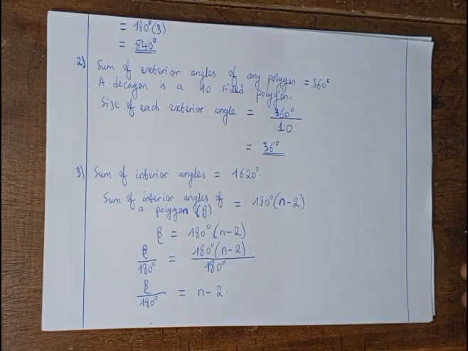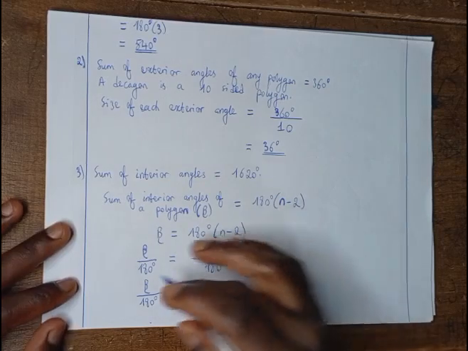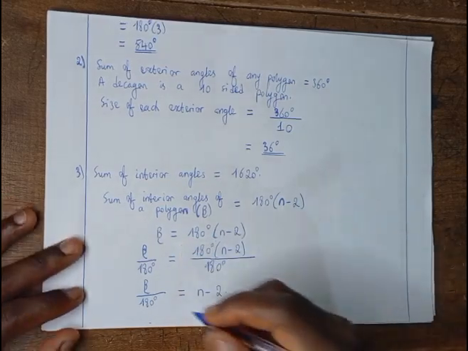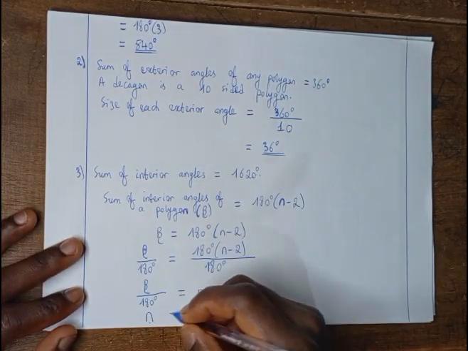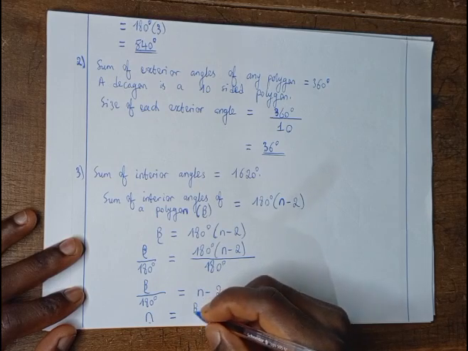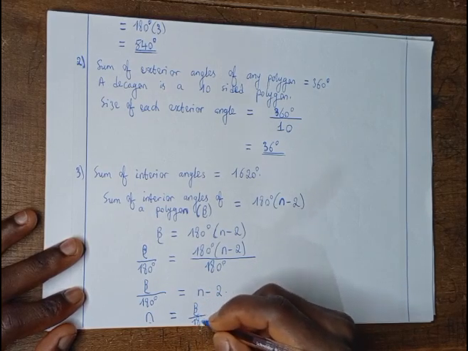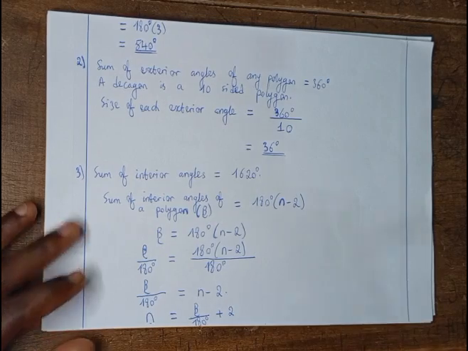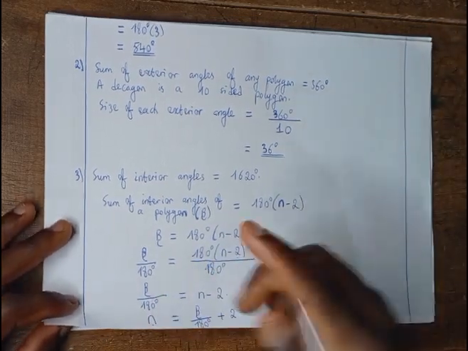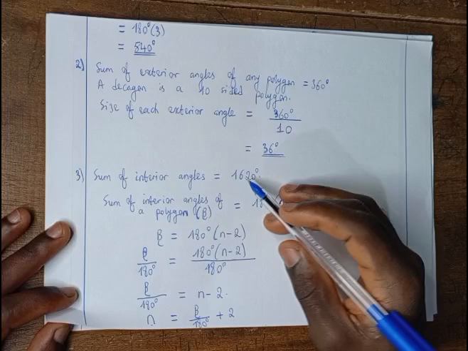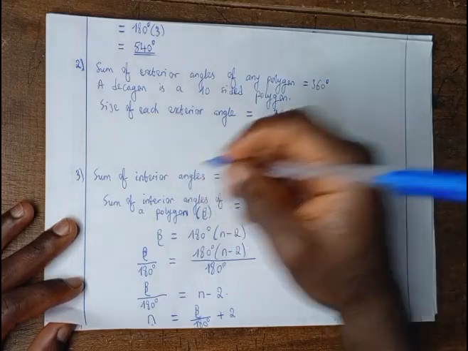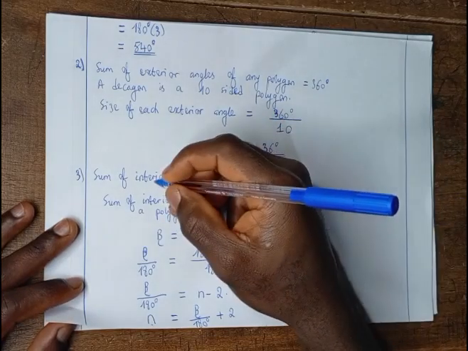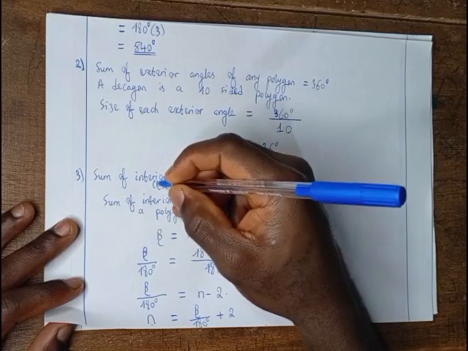Next, now we need to make n the subject of formula. We are simply going to transfer negative 2 this way. This will give us n to be equal to beta all over 180 degrees plus 2. We have been told that the sum of the angles is equal to 1620, so that means this is our beta here.